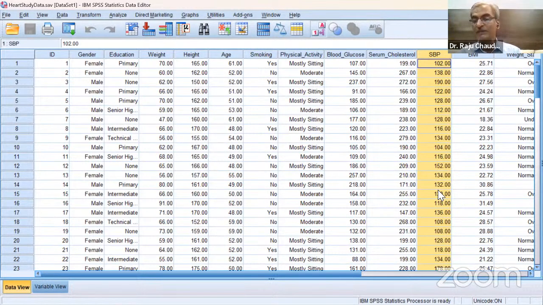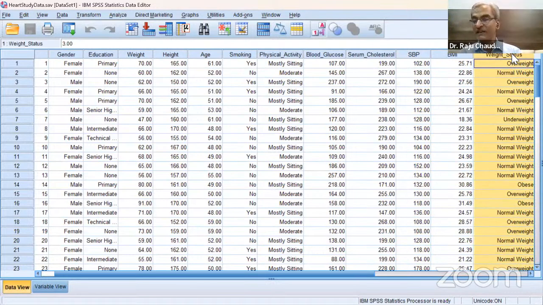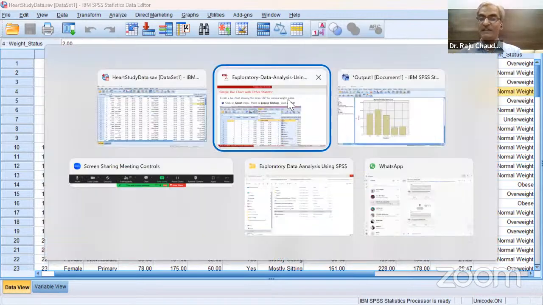For a numeric variable, you cannot create a bar chart. Whenever we have a numeric variable, we can create a histogram. But I want to visualize the systolic blood pressure along with the weight status with the help of a bar chart, that is, for overweight, normal weight, and underweight.